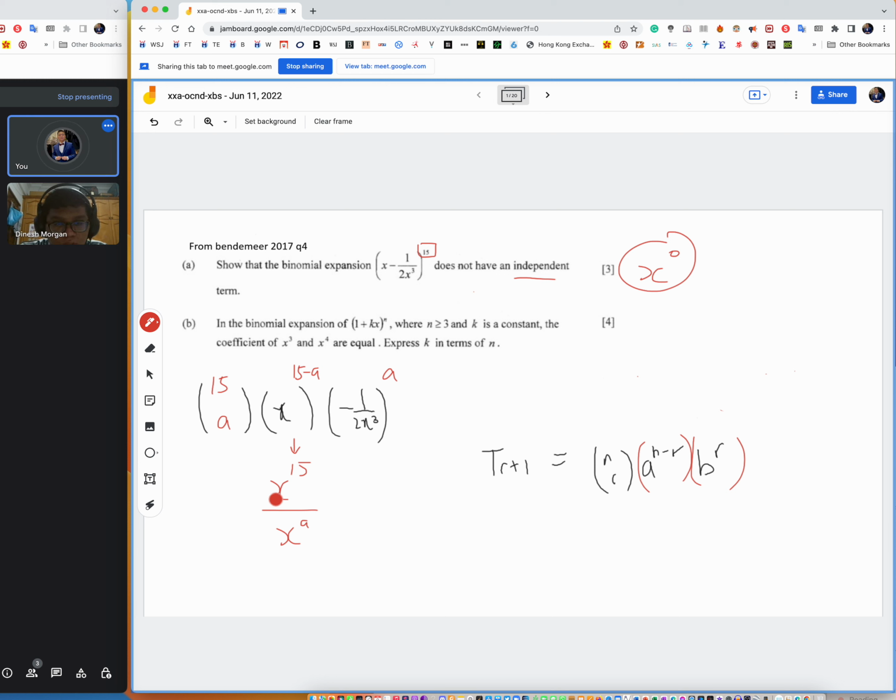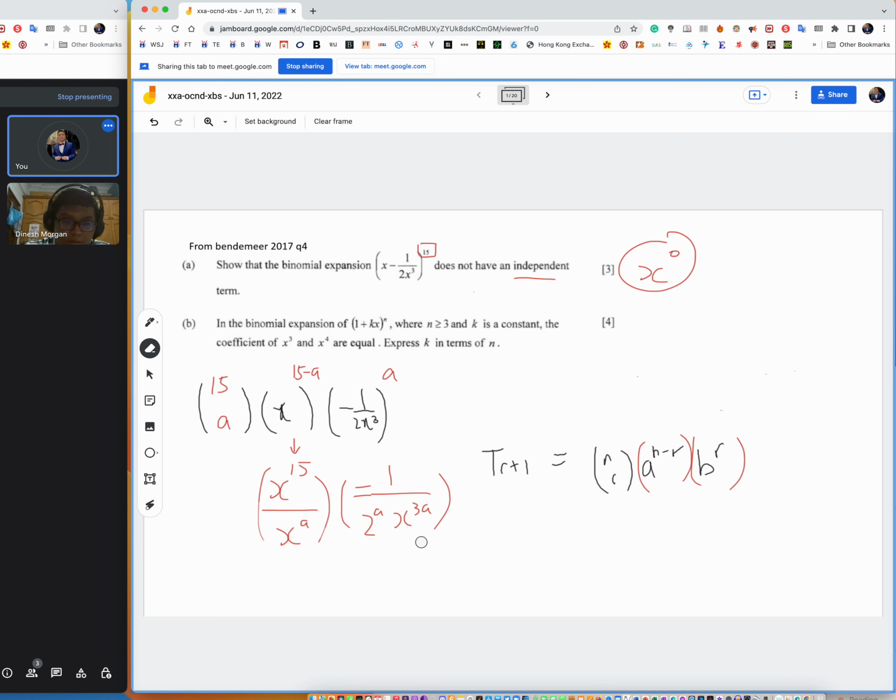Then 1 to the power a, then 2 to the power a, and then I have the x to the power 3a, right? So negative 1 to the power a, 1 to the power anything is 1, so it's negative 1 here.